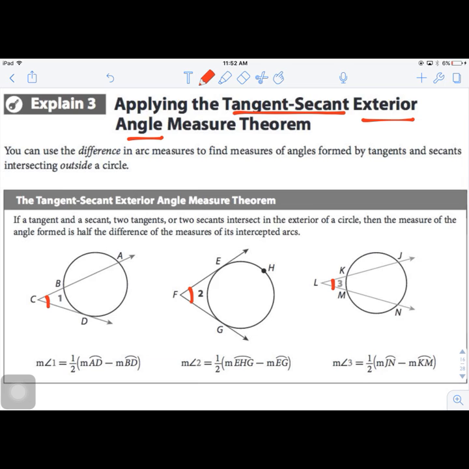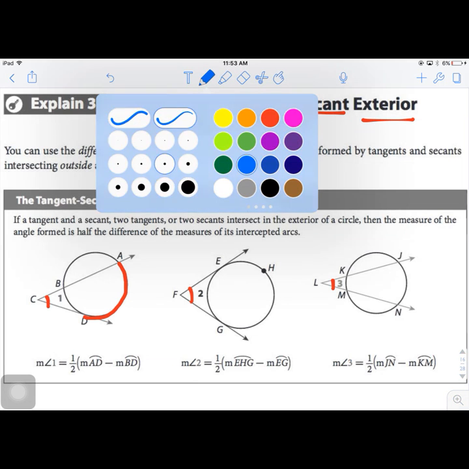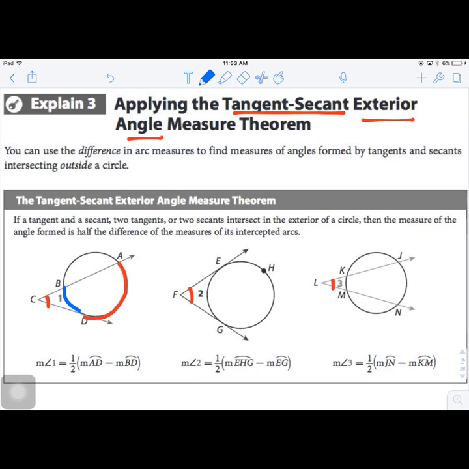So the whole idea, and why they're in the same category, is that it is all about the intercepted arcs. So in this case, this one would be the bigger piece. It's all about the intercepted arc, which is the bigger piece minus the smaller piece. So we would have the bigger piece here and the smaller piece here.